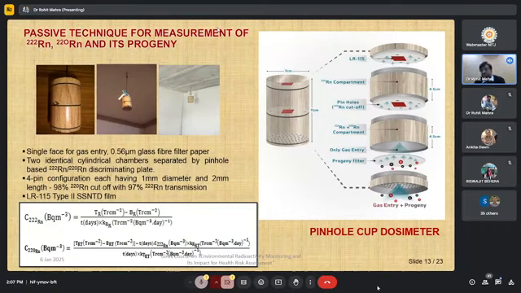So if you are having exposure even at 300 becquerel per meter cube, it doesn't mean that you have been exposed to a very high level of radiation. It only means your exposure to natural radiation is a little bit higher as compared to other persons who are having less than 300. So it is a recommended action level while designing or while manufacturing the houses or the dwellings.